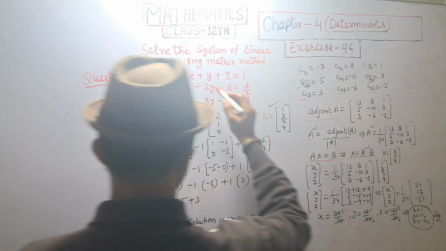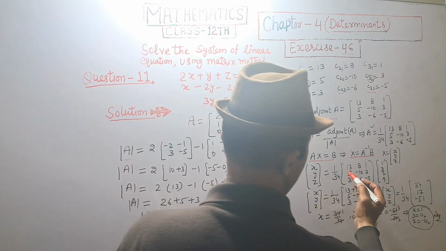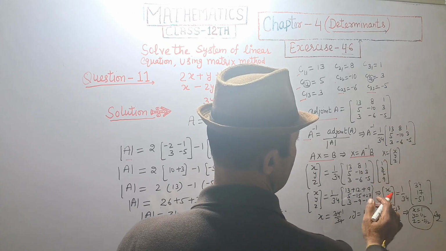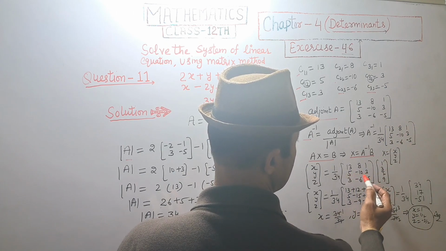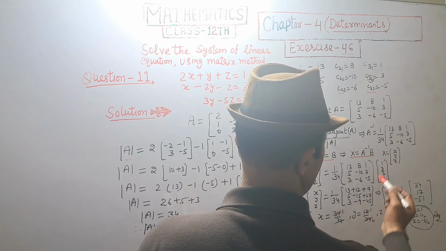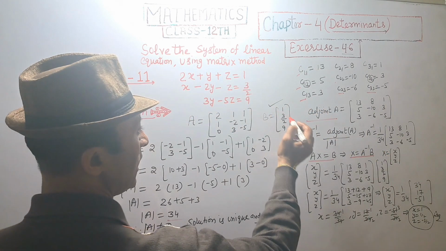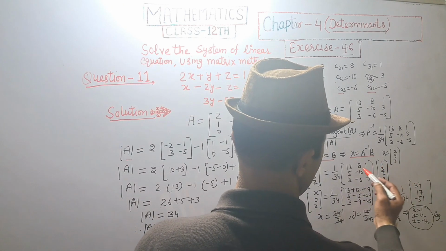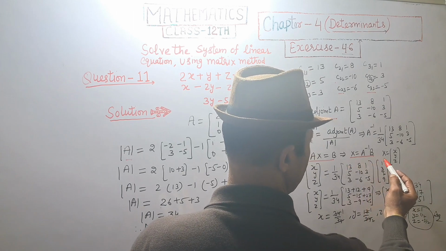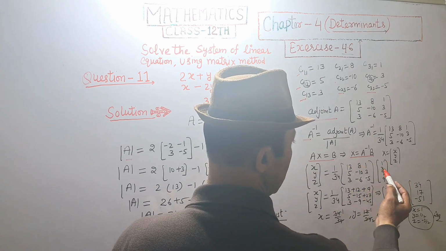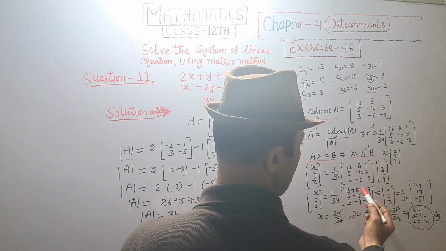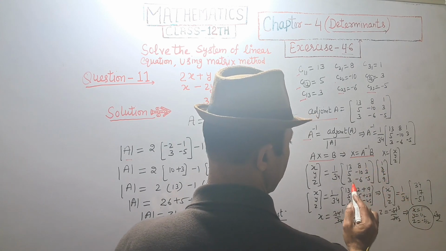X is x, y, z, and A inverse B gives 1 upon 34 times 13, 8, 1, 5, minus 10, 3, 3, minus 6, and minus 5, and the value of B we have is 1, 3 upon 2 and 9. First row multiplied by first column: 13 multiplied by 1, and 8 multiplied by 3 upon 2, 8 3s are 24 divided by 2 is 12, 1 9s are 9.